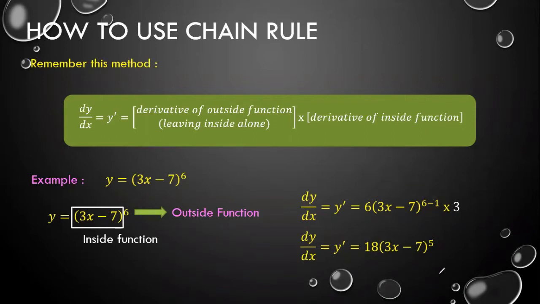Is it clear, everyone? So when we have y equal to (3x minus 7) to the power of 6, we get the derivative of the function as 18 in parentheses 3x minus 7 to the power of 5.